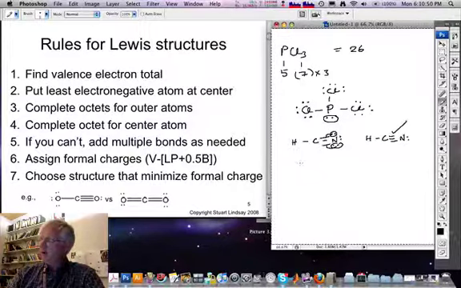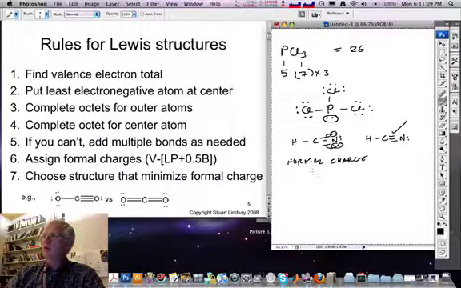Now, often it becomes necessary to distinguish between two Lewis structures, and the deciding factor in choosing the right Lewis structure is something called formal charge. Formal charge is defined the following way.